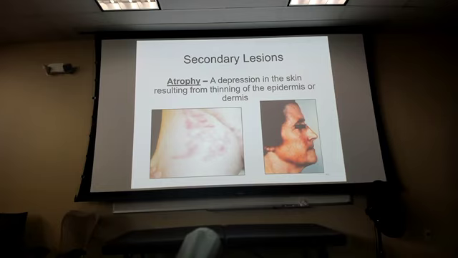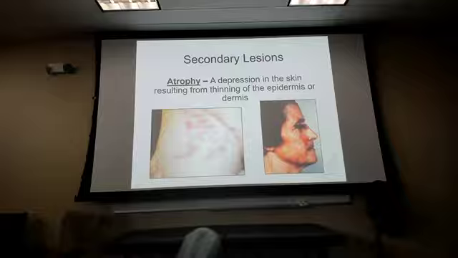Atrophy: depression of the skin resulting from thinning of the epidermis or of the dermis. This can be just because of weight. Some individuals who have had weight loss, well, the atrophy signs can still be there. You can have telangiectasis, which is what you see on that right one, showing those capillaries that are spread out, so you can see those on the face.